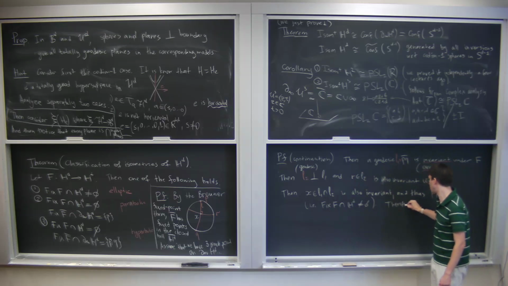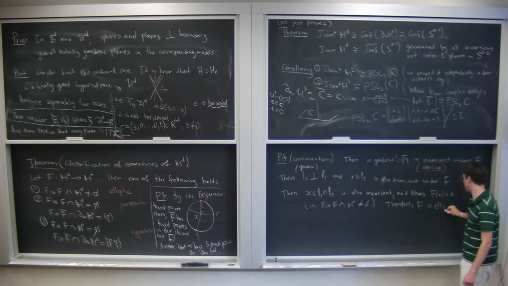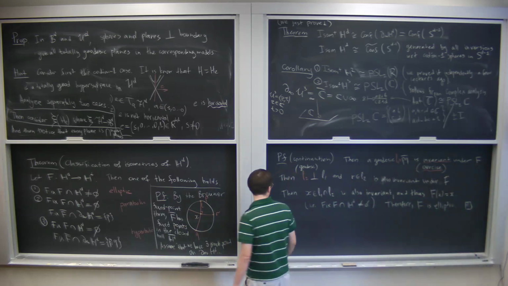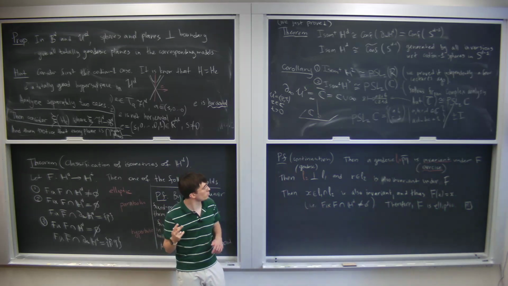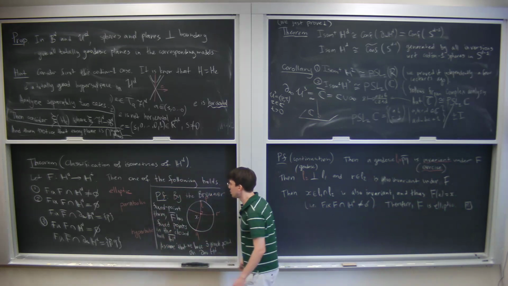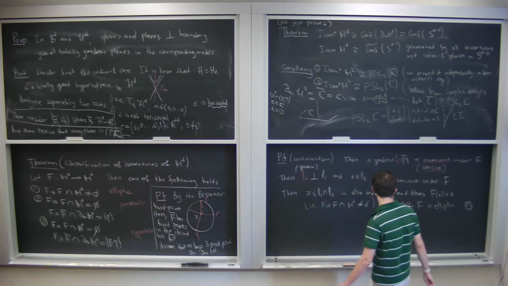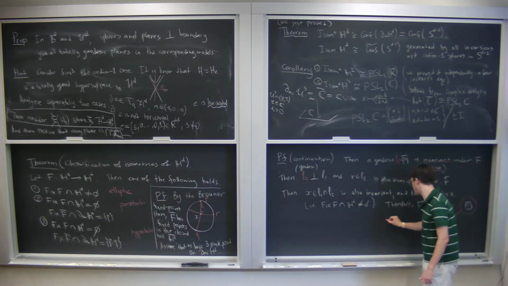And so we obtain elliptic. So therefore, F is elliptic. And then the proof is over, since it remains to consider two distinct cases, when you have 1 and 2 fixed points on the boundary, right?